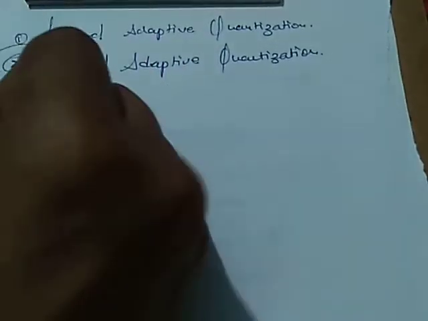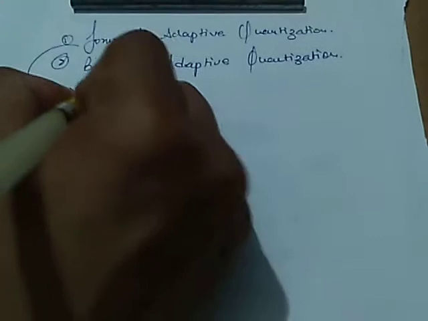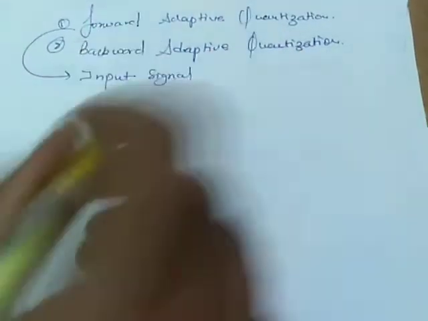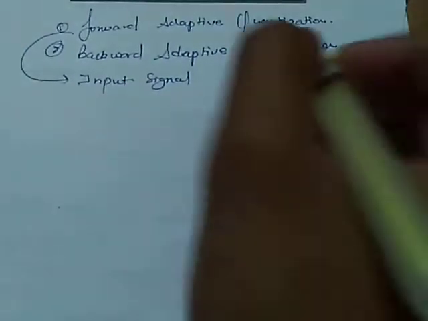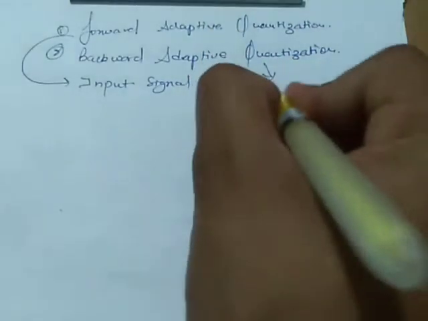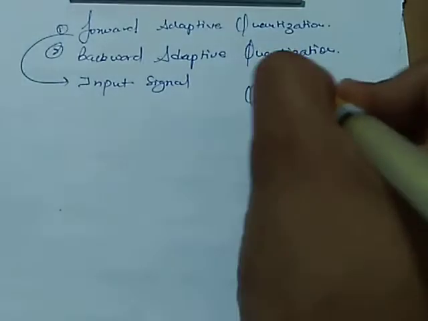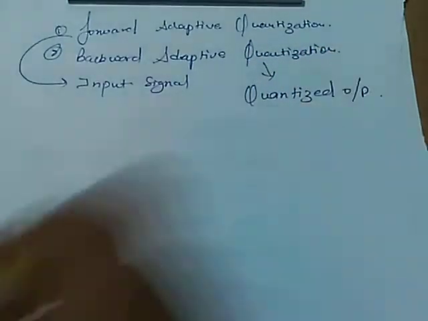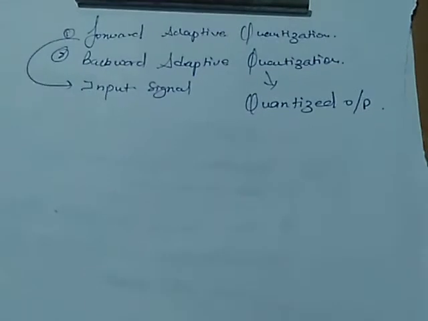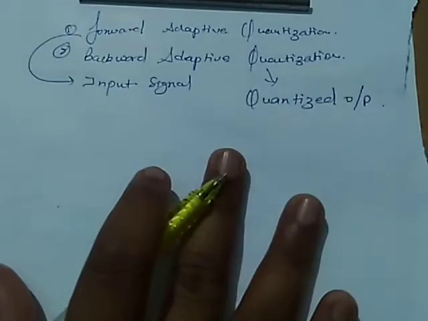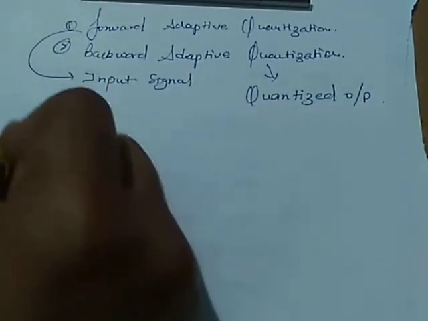Now, in forward adaptive quantization, properties of the input signal are used, and in backward adaptive quantization, properties of the quantized output are used.